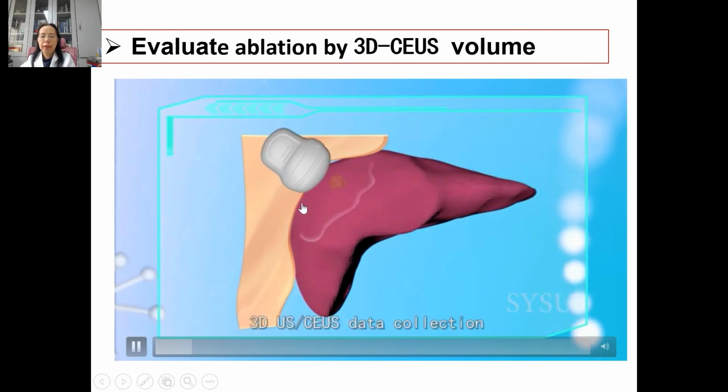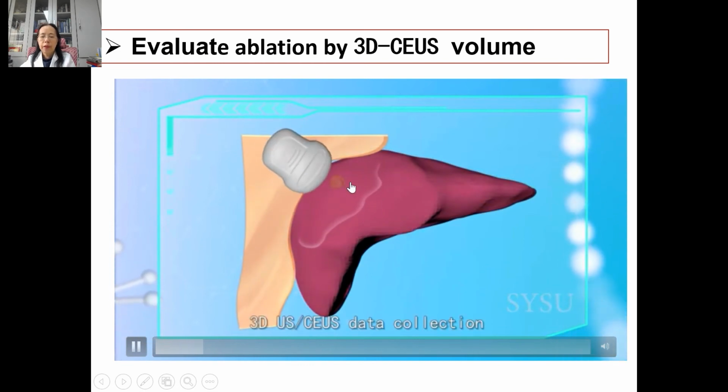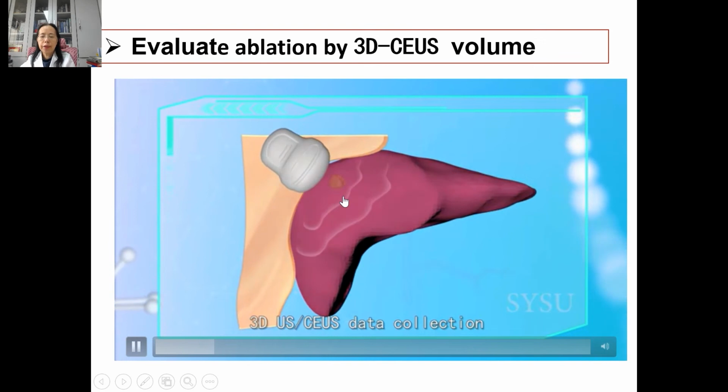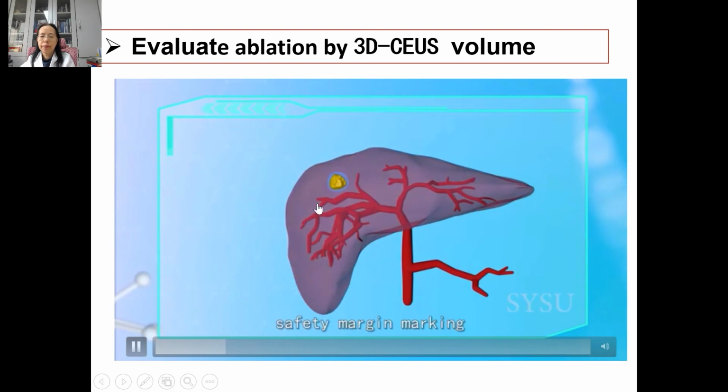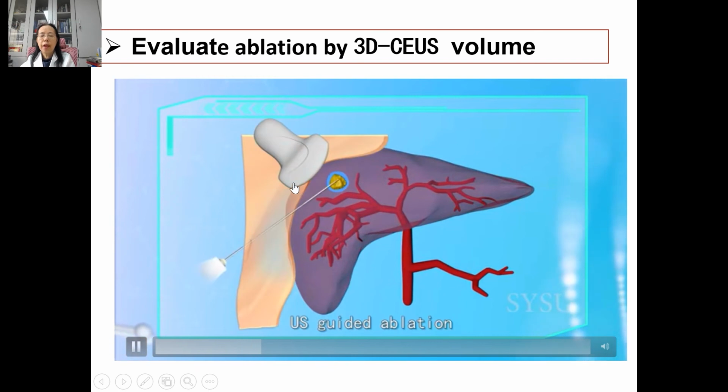The tumor is here. Firstly, we take the 3D-CEUS or contrast data, and then we mark the safety margin, and then we use ultrasound-guided ablation.